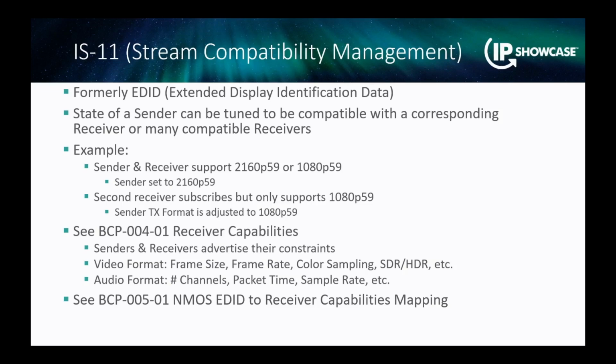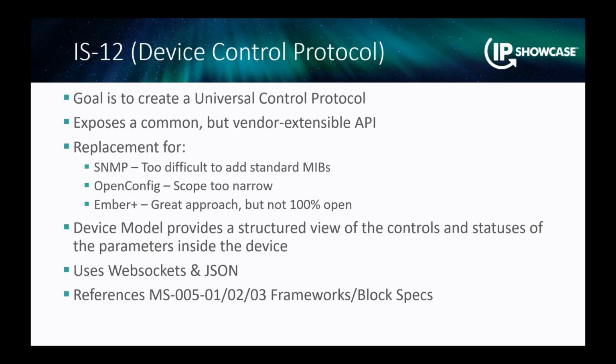This is just a place that you could browse to with your web browser, or the controller can browse to and read a little data file that says, hey, here's what I'm capable of. Here's my video format, my frame rate, my color sampling, my SDR, HDR capabilities. And then this BCP-005 specifies how I can map my EDID information into that. So, a nice little handy piece.